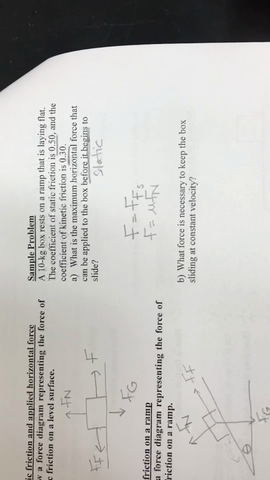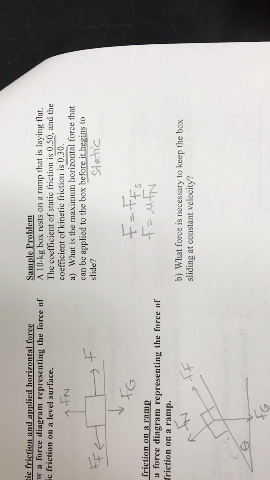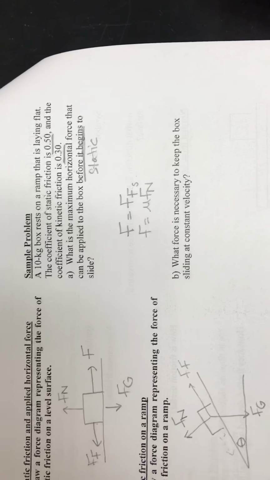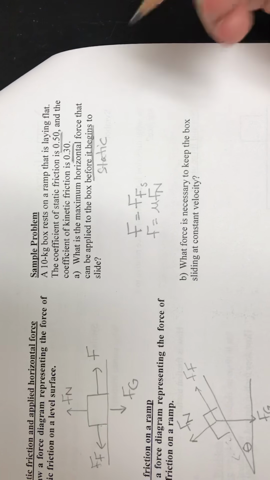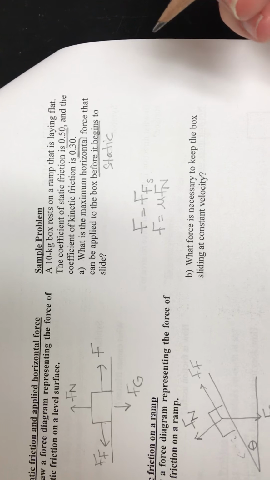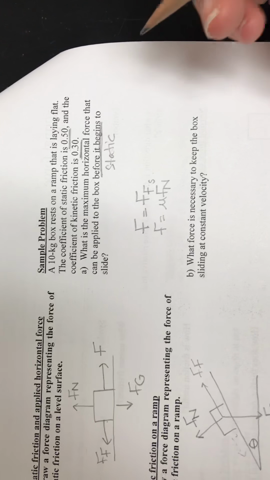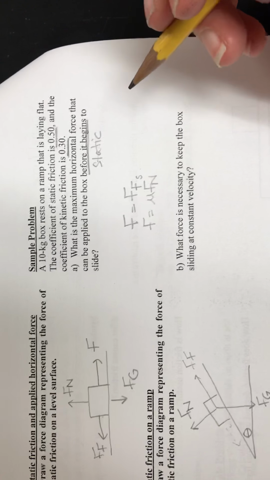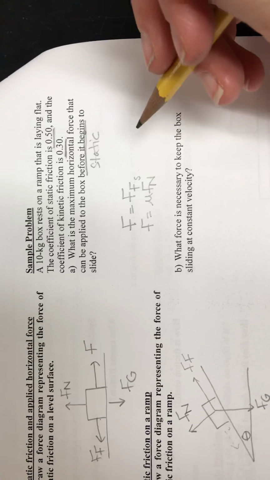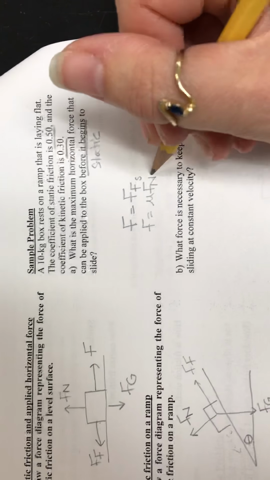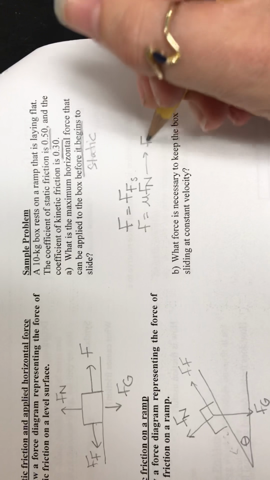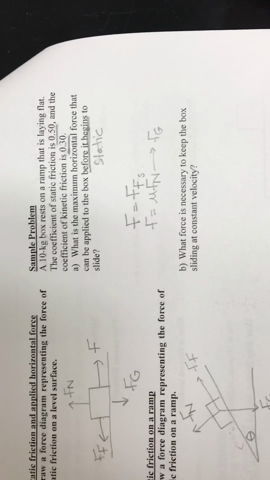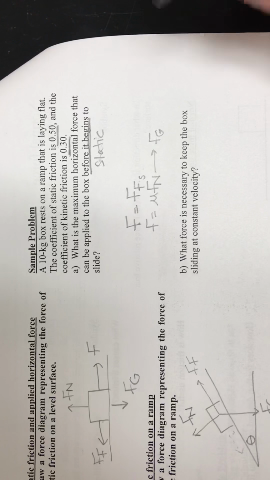Now the next part is kind of tough. What does F_n equal? If we look back in our notes, we know that there's no equation for F_n, so we need to say F_n must be equal to some other force. If we're on a flat horizontal surface, the normal force is equal and opposite to the force of gravity.